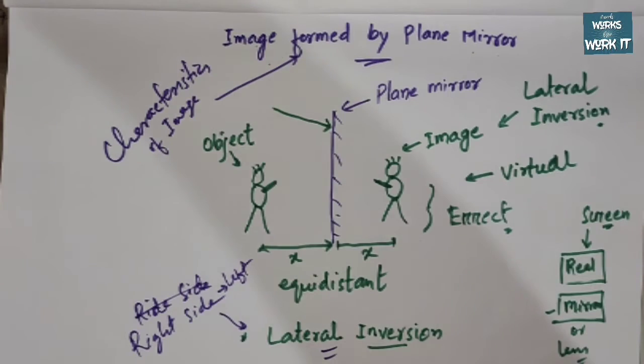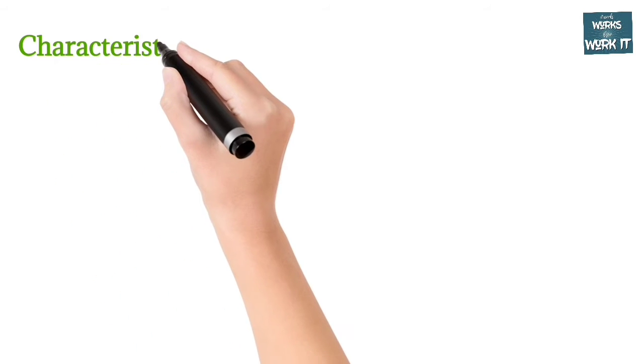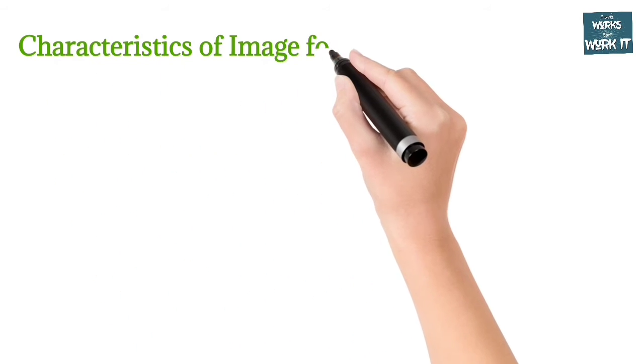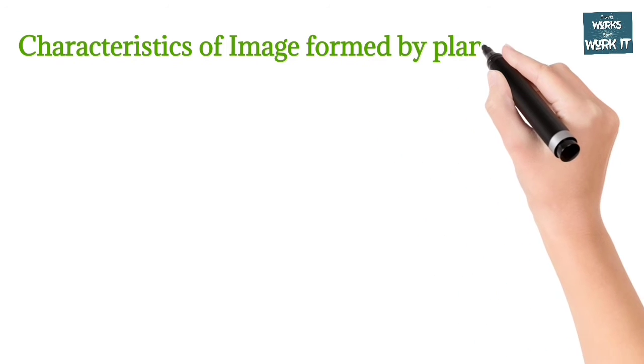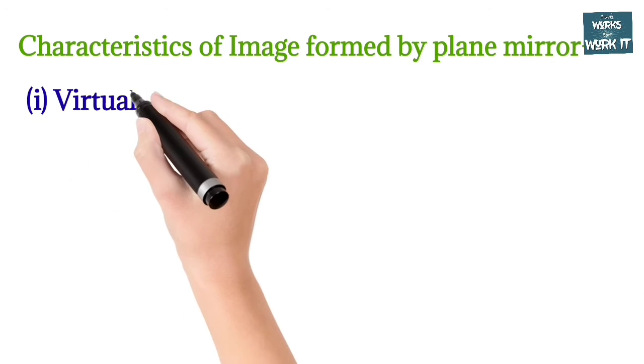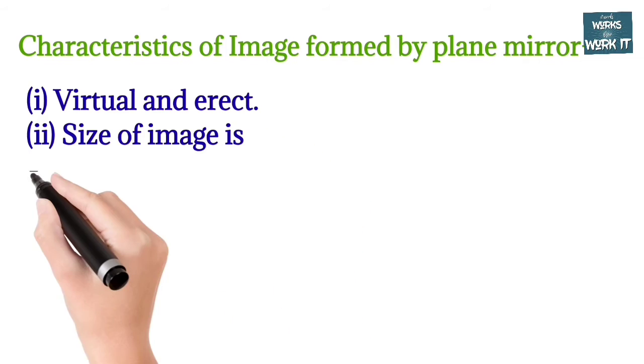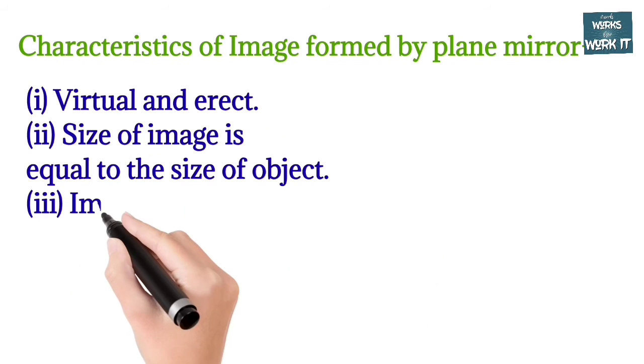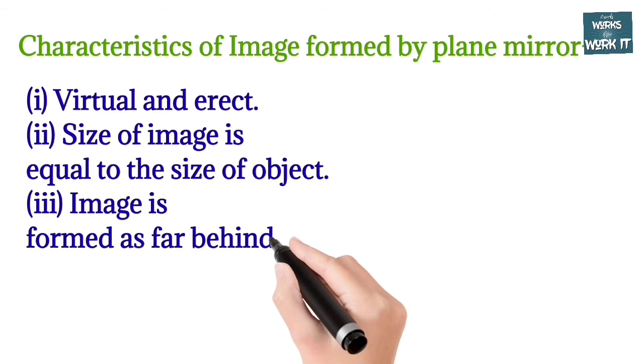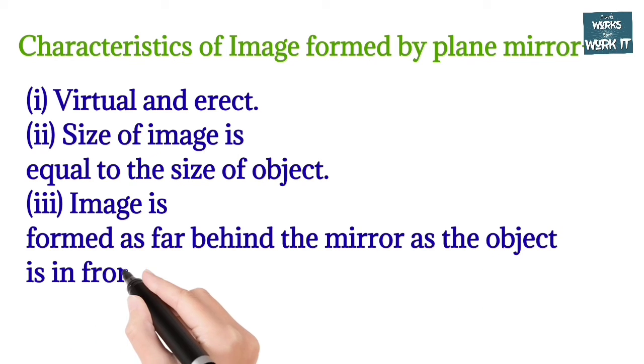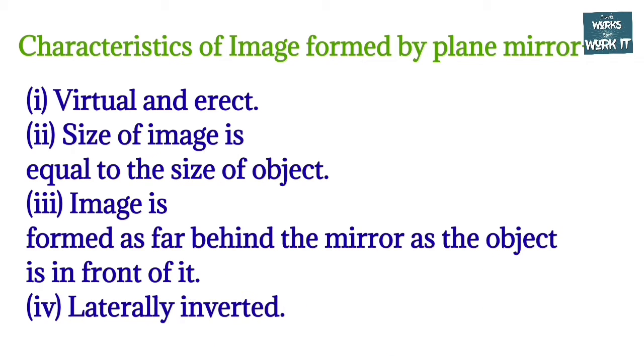So let's see what characteristics we have got for the image formed by a plane mirror. Number one, virtual and erect. Number two, the size of the image is equal to the size of the object. Number three, the image is formed as far behind the mirror as the object is in front of it.